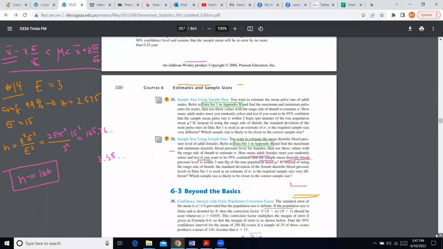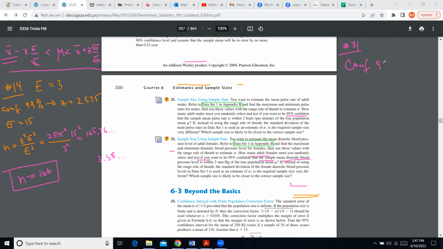So, for example, 31. You want to estimate the average pulse rate of adult males. So, looks like you can just measure your pulse, but is that the average? So, how many people do you want to select, and how close do you need to be to reality? That's the question. So, you want to be 95% confident.